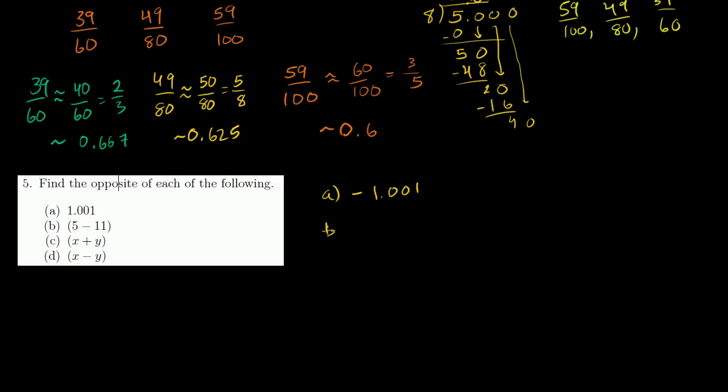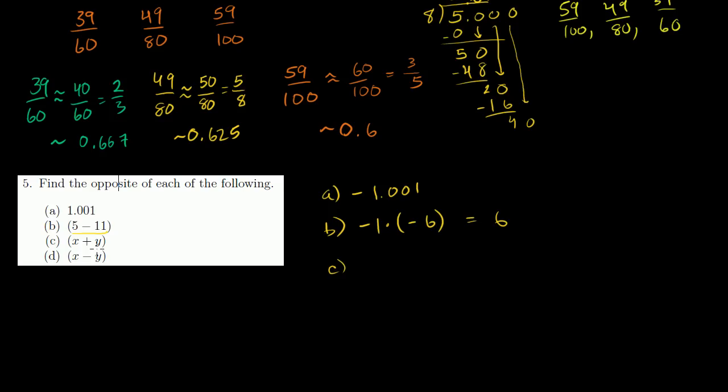For part B, the negative of 5 minus 11: 5 minus 11 is negative 6, so the opposite of negative 6, negative 1 times negative 6, is equal to 6.